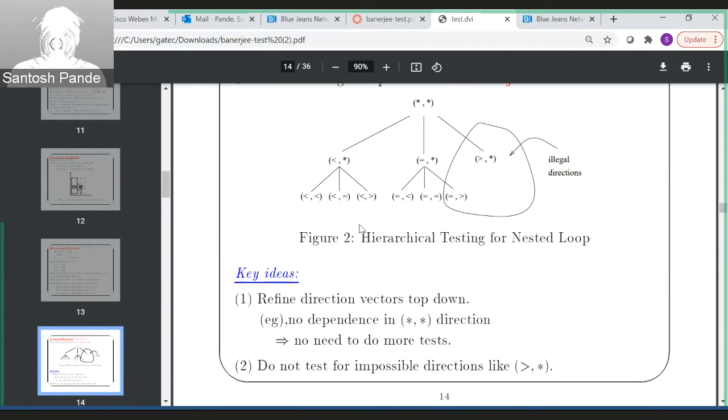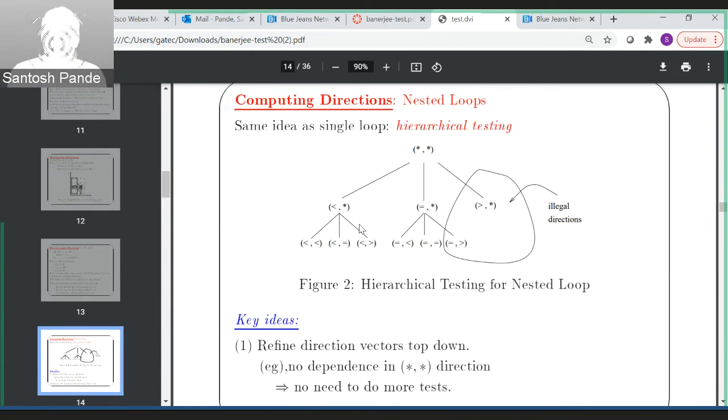We solve this problem in general for multiple nesting levels of the dependencies. We will enumerate it in a systematic way. We will start with less than star. So that will be checking for less than, less than equal to, or less than greater than. If none of these exists, then there is no less than star.